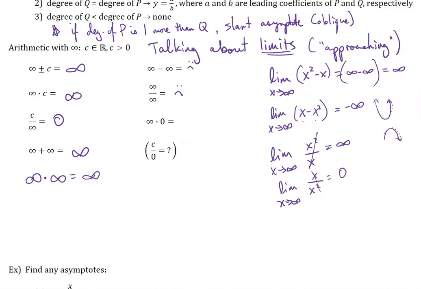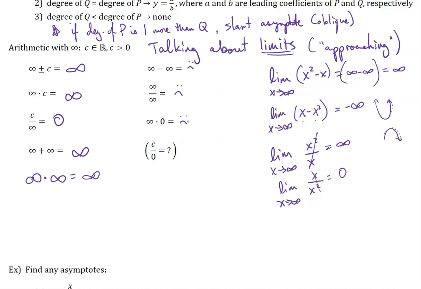Okay, infinity times 0. So for this one, you're saying, yep, those last two, I get it now. It's not as easy as I thought, but this one, anything times 0, I know for sure is 0. Unfortunately, infinity times 0 when it comes to limits is not always 0, okay?